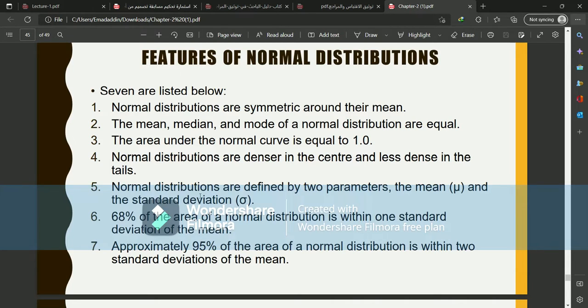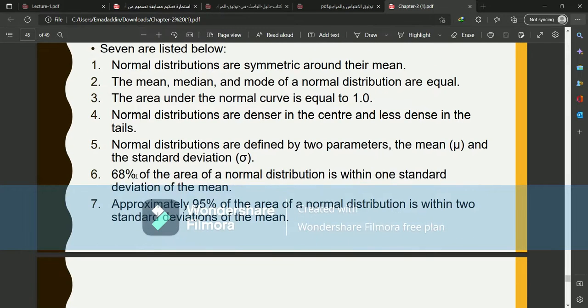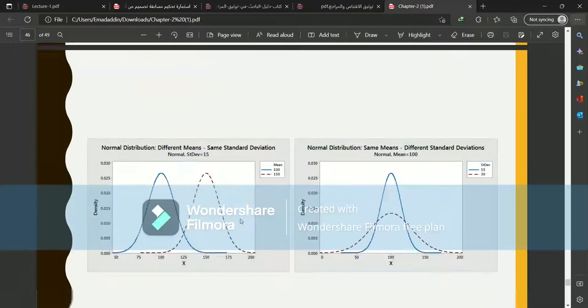Normal distributions are defined by 2 parameters: the mean mu and the standard deviation. 68% of the area of a normal distribution is within one standard deviation of the mean. Approximately 95% of the area of the normal distribution is within two standard deviations of the mean.